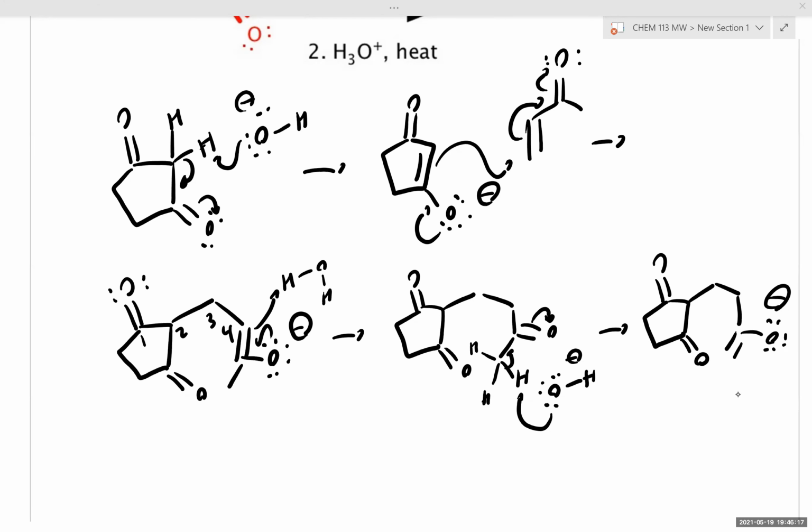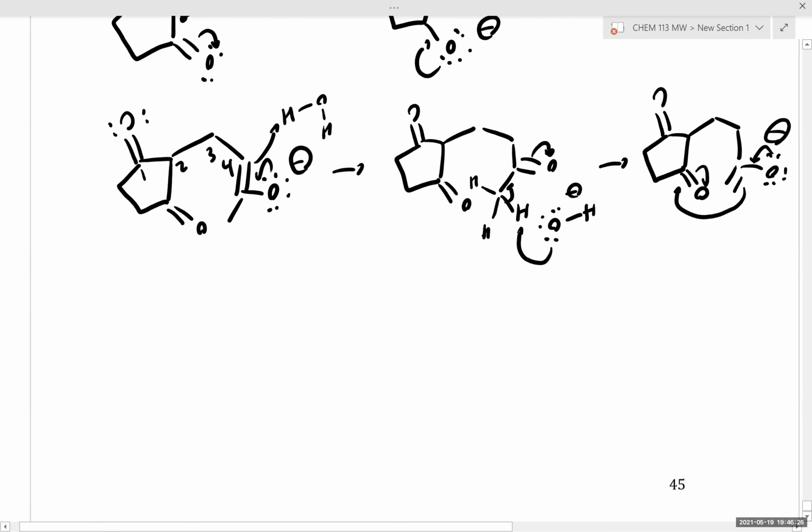The enolate will attack one of these ketone carbonyl carbons. It actually doesn't matter which one because they're identical. So that forms our key 5,6 ring system. And now from here, what happens next?